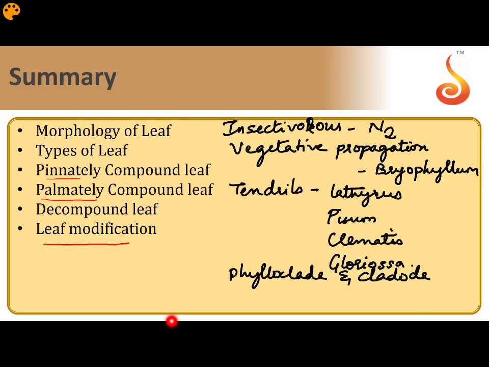Phylloclade example was Opuntia and all cactus, and Cladode example was asparagus, where we saw leaf converting into spine to reduce the transpiration. And other than this, we saw Malacophilous leaves, which were succulent in nature, which could store a lot of moisture.